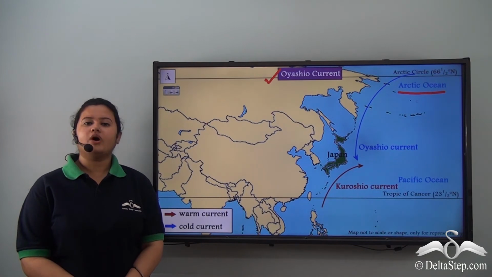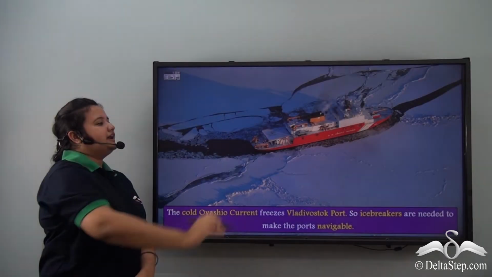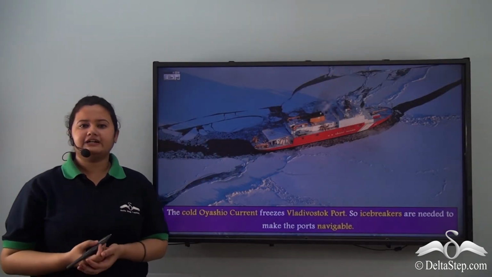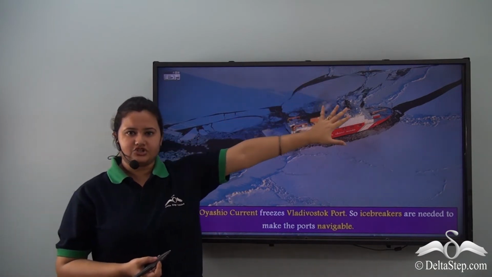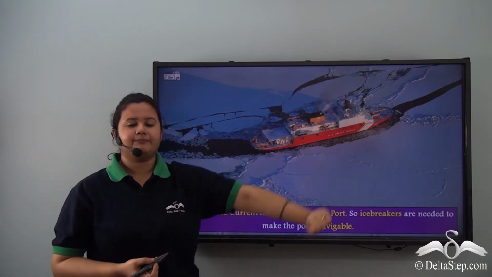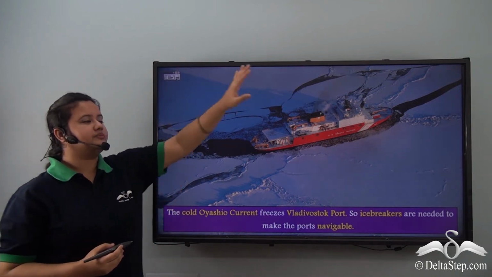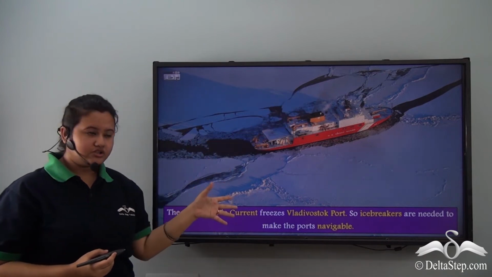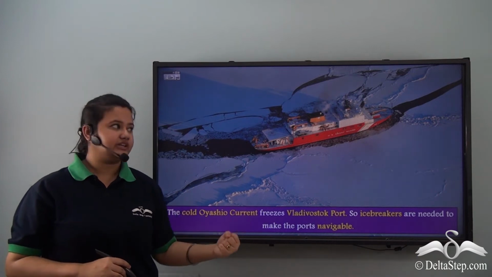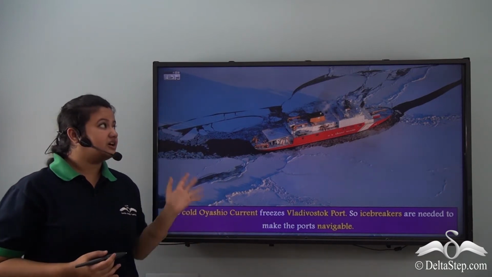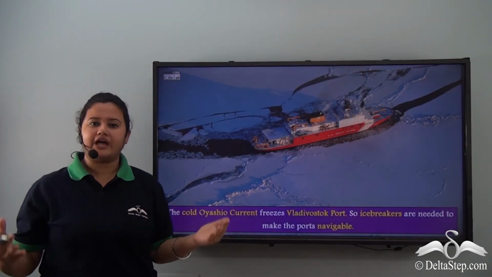Now let's see what impact this current has on Japan. We have already learned that the Oyashio current originates in the Arctic region, so it is a cold current. When it comes down from the Arctic Ocean southwards to Japan, it brings mass chunks of ice along with it. It even freezes the coastal regions and therefore it becomes difficult for ships to navigate.